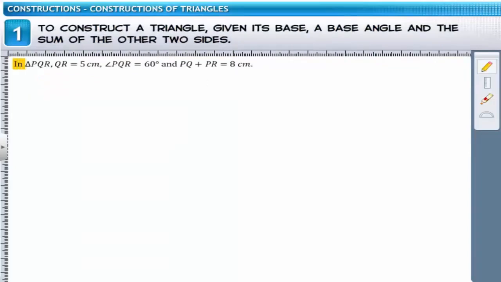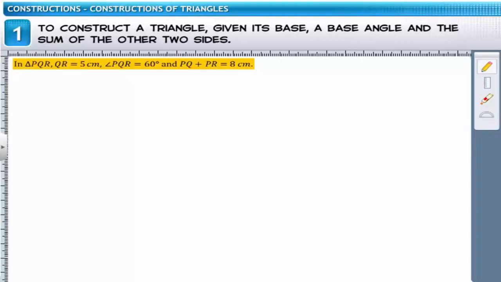Let's construct triangle PQR, where the base QR is equal to 5 centimeters, angle PQR is equal to 60 degrees, and the sum of its sides, PQ and PR, is equal to 8 centimeters. Here's how it's done.